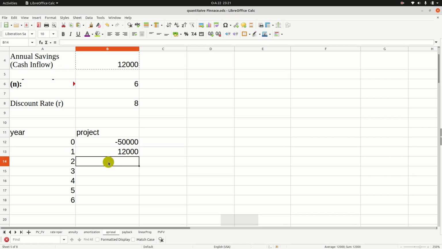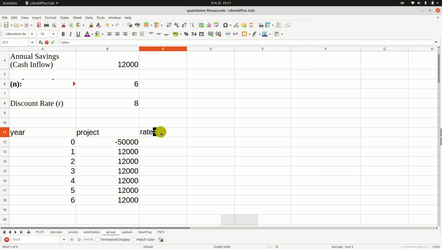It means we have the same cash flow at the end of each year for 6 years, with the rate given to us, did I have a rate of 8%? Okay, so let me color this part and let's calculate the NPV for this project.